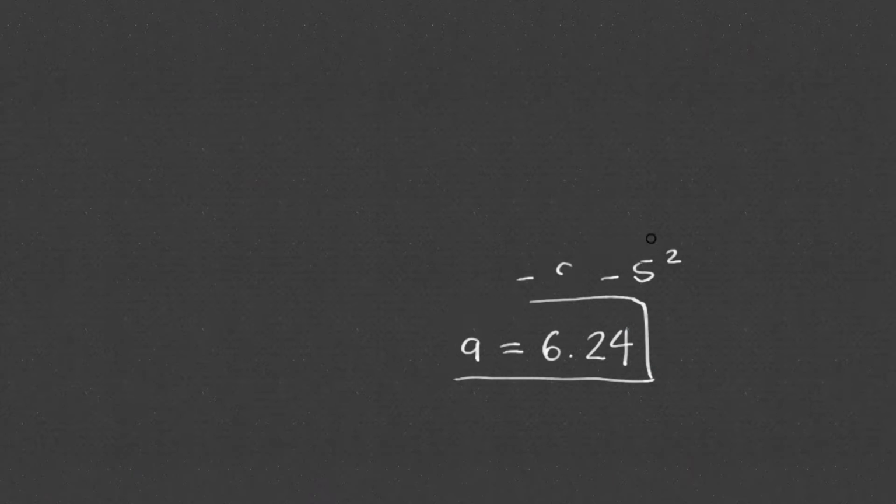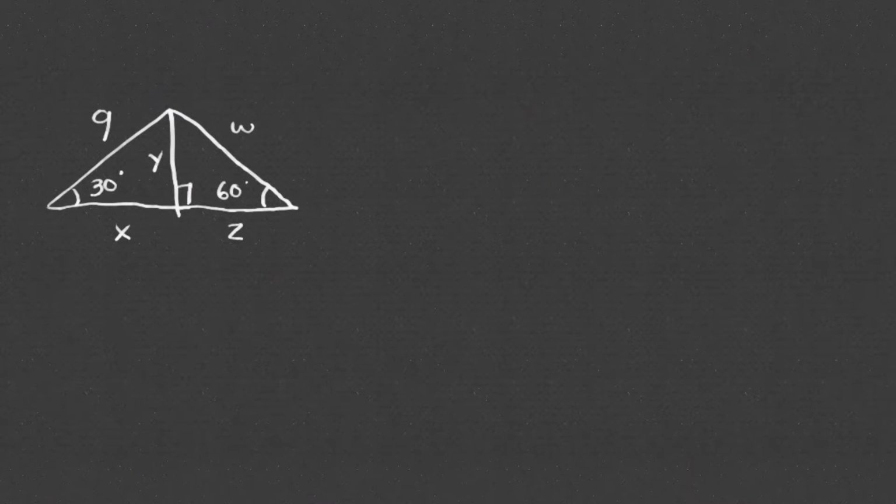This time, let's try to solve a right triangle with a given of only one side and an angle. So given in the first triangle, 9 as the hypotenuse, y as the opposite and x as the adjacent, measuring an angle of 30 degrees, and the second triangle with the hypotenuse w and the adjacent z.